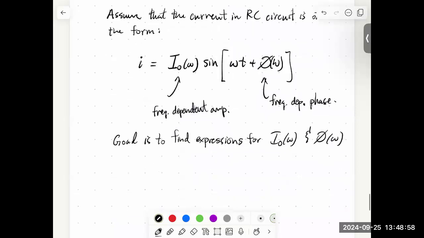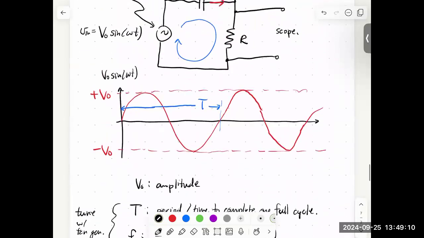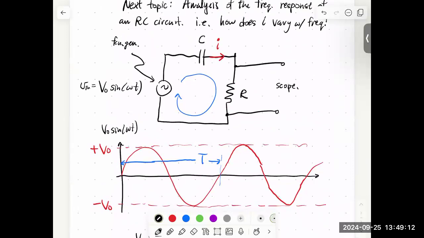So let's do a Kirchhoff loop rule of the series RC circuit. If we did the loop starting here, we'd cross the function generator, so we'd get the voltage Vn being supplied by that generator. Then we have some voltage drop across the capacitor and the resistor.